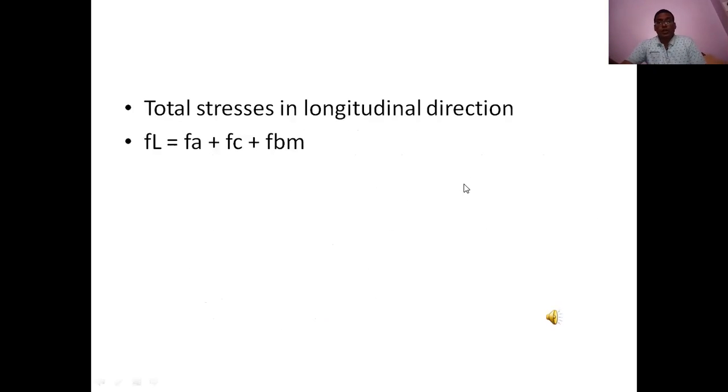Then the total stresses in the longitudinal direction, that means the vertical direction or the axial direction of a vessel. We have already seen a vessel in the vertical direction, axial direction, or longitudinal direction. Inside there is a pressure, then the wind, its own content, and the different attachments to the vessel.